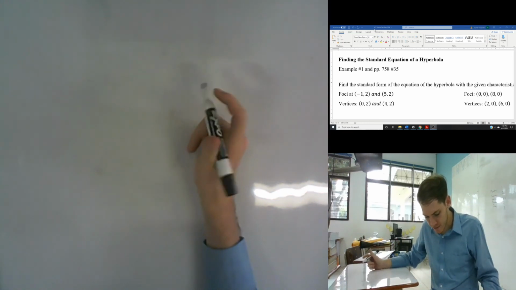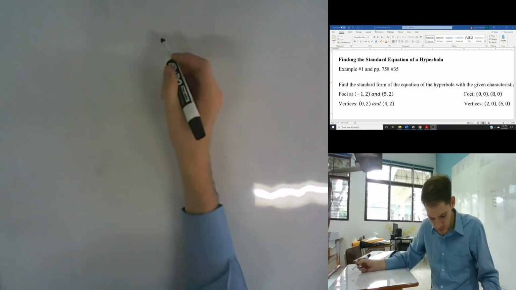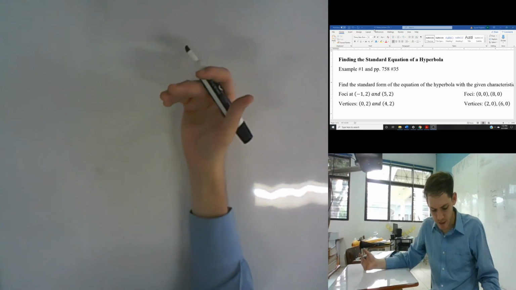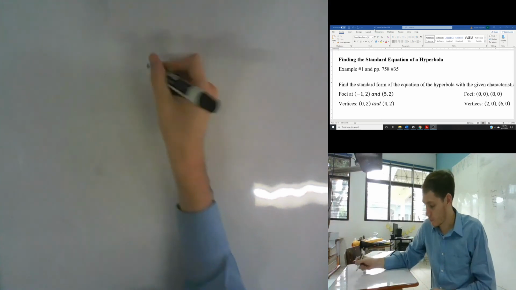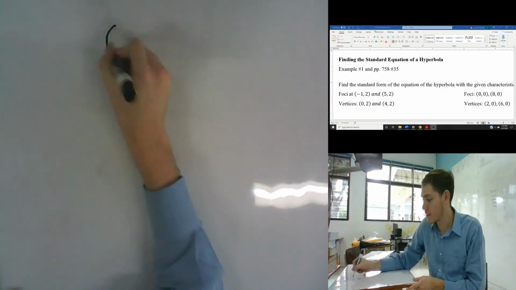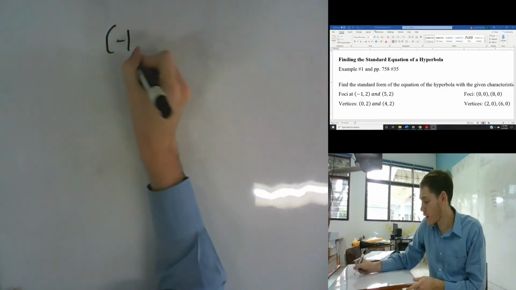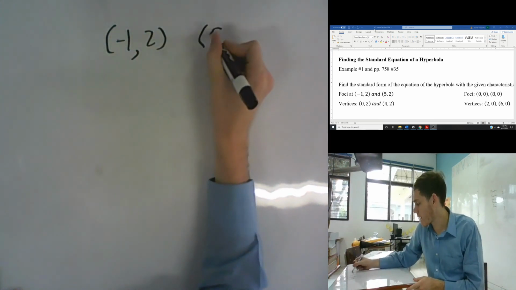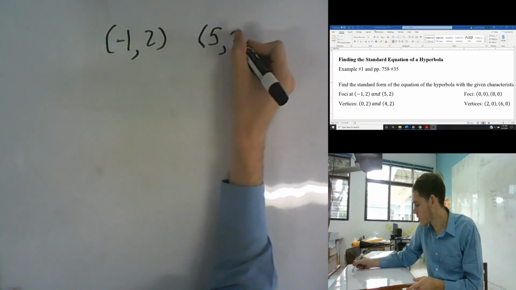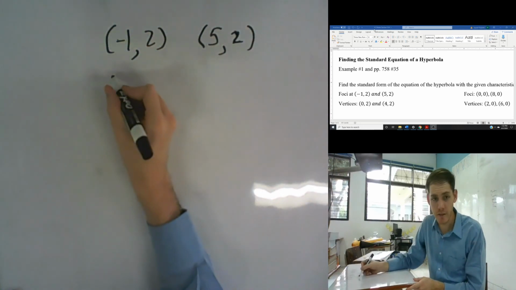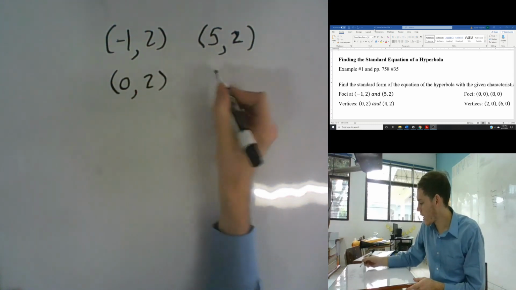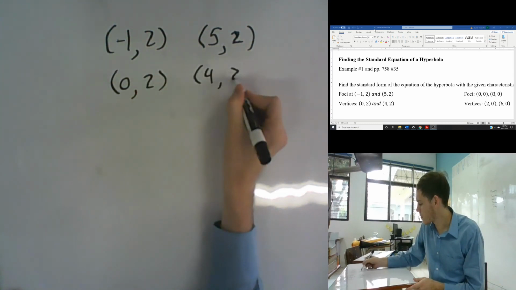Well, c, so, we need to find the midpoint. We have our two foci points, -1, 2 and 5, 2, apologies, and the vertices are 0, 2 and 4, 2.